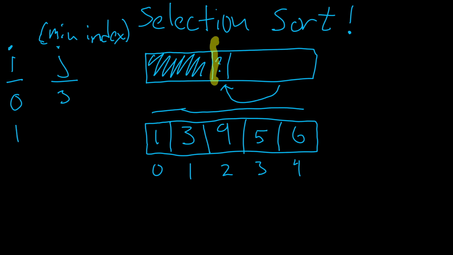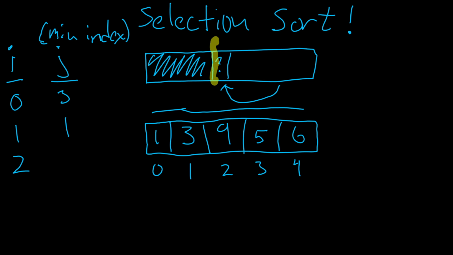So now we move on to i is 1. We move on to the next value. We look for the smallest value from 1 to the end. Well, that's also at 1. So we swap it with itself. That's basically a no operation, nothing really to do. So now we move on to i is 2.